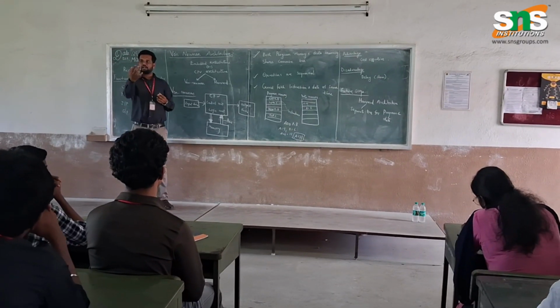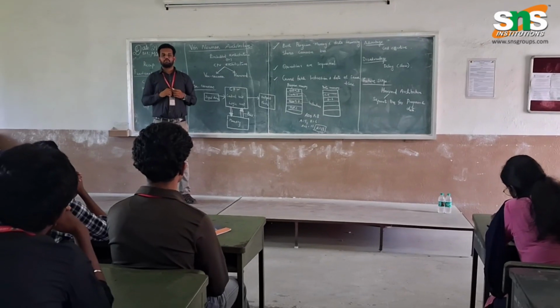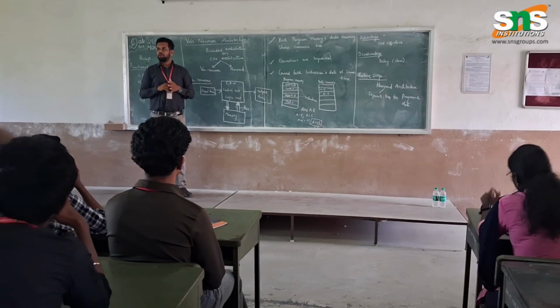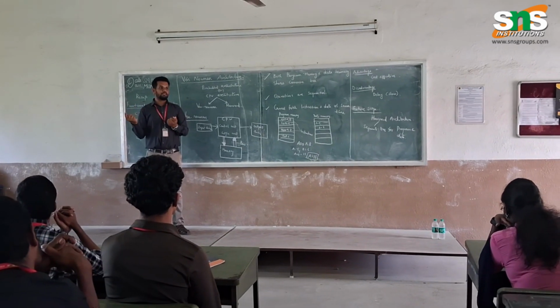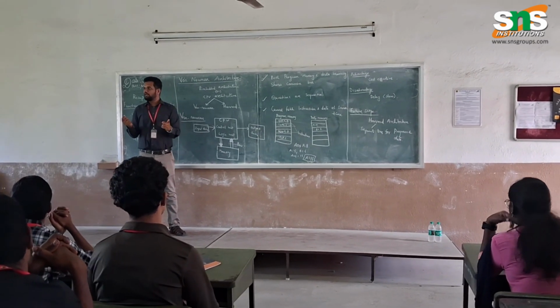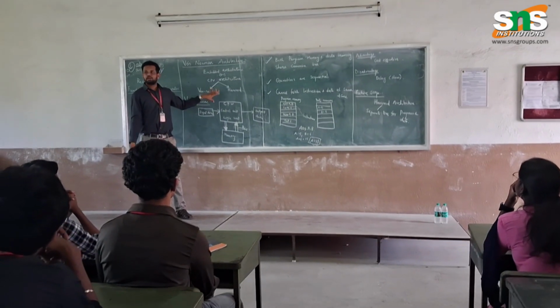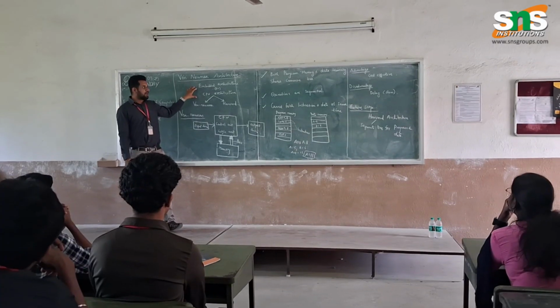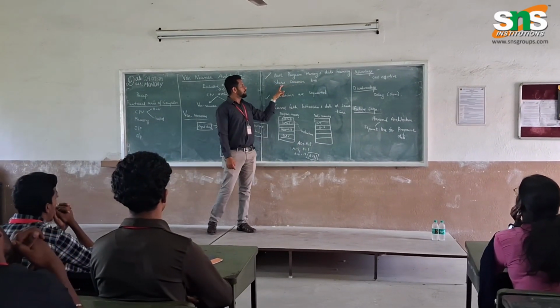If you are fetching data, the program has to wait. If you are doing operations on the program, the data has to wait. So simultaneously you are operating with two members, so one member has to wait while doing operation with the other. This is the main concept of your von Neumann architecture.